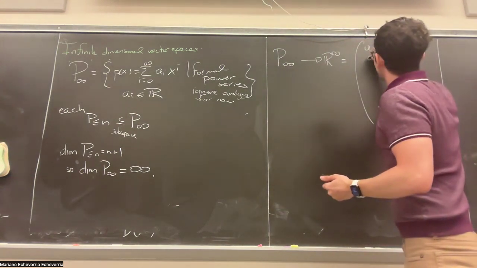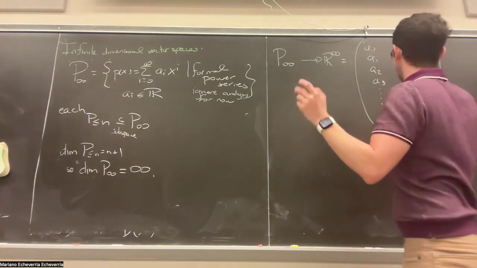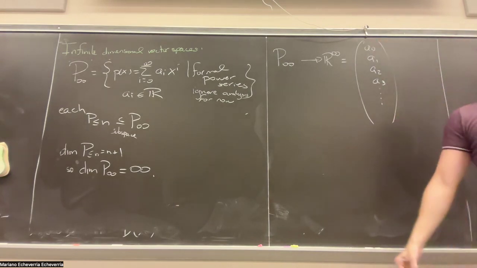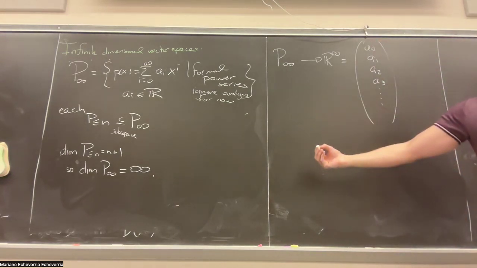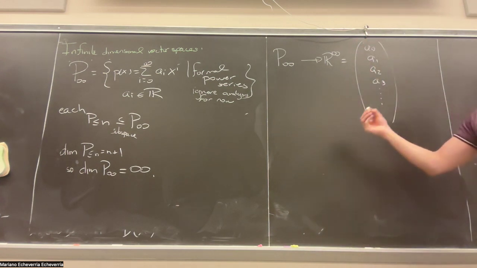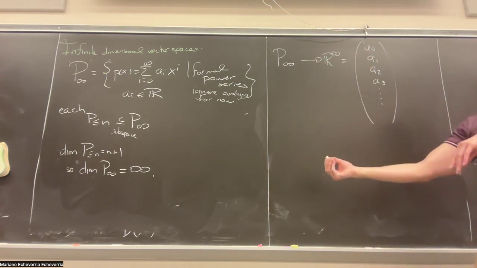So a0, a1, a2, a3, and so on, but it continues forever. It is just sequences. This is literally another way to list a sequence. So the space of infinite power series is the same as the space of sequences.